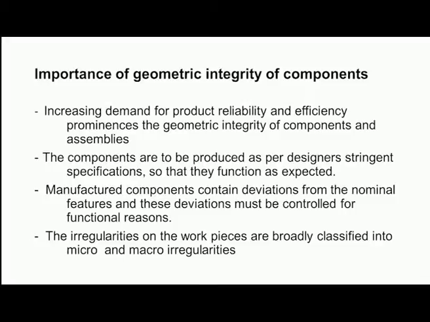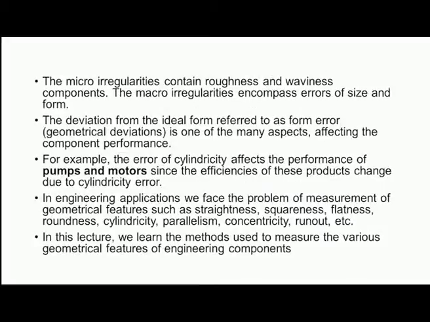The various kinds of irregularities on the workpieces are broadly categorized into micro irregularities and macro irregularities. The micro irregularities contain roughness and waviness on the surface of the components, and the macro irregularities encompass the errors of size and form of the components.